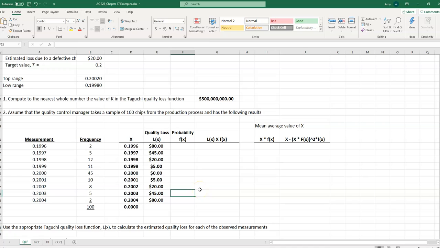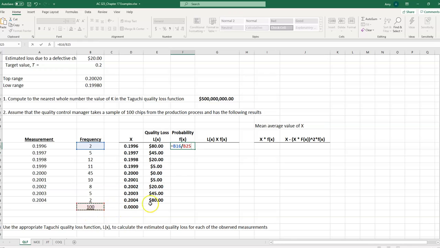Now we're going to look at the probability of that happening. The probability is f of X. When we're looking at the probability, this is the frequency divided by 100%.